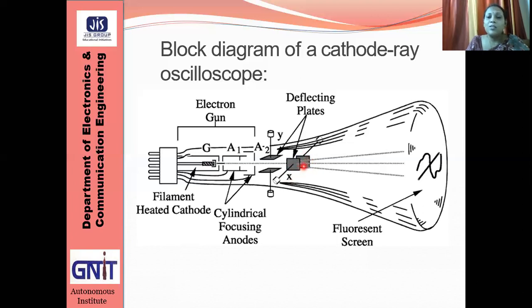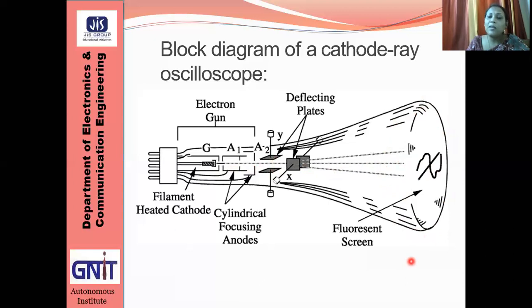So these plates are called horizontal. Isn't it interesting? Now, the electrons passing through these vertical and horizontal plates reach the fluorescent screen. This screen is made fluorescent. An electron bombardment is there, and we see the final signal at the screen. Hope this is clear to all of you.